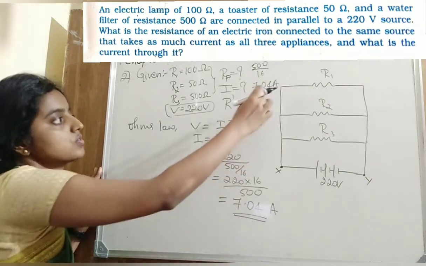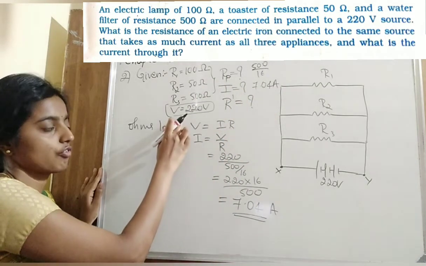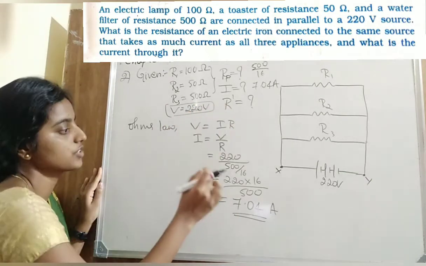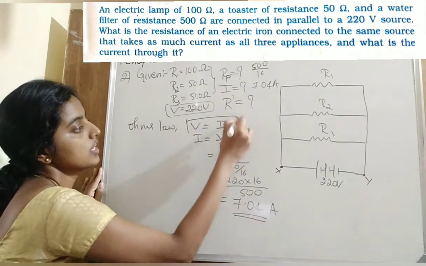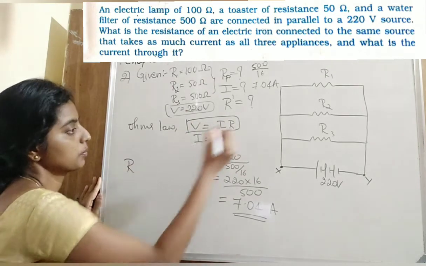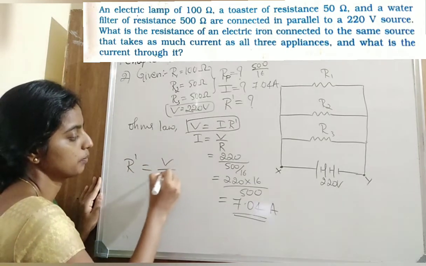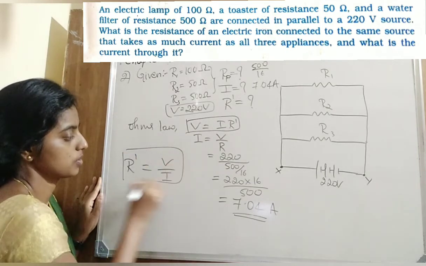Now using this current and with the same source of battery, we need to find out R dash. Here we'll use the same formula. So we'll just alter the formula. Let it be R dash. R dash is equal to V by I. So substitute.